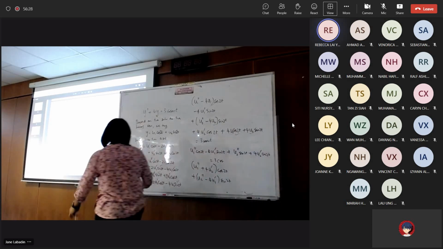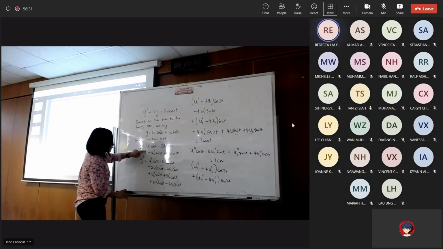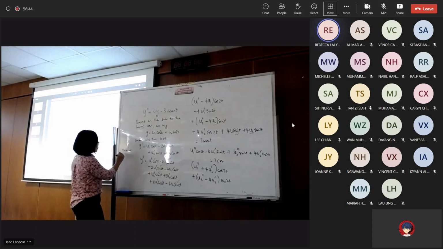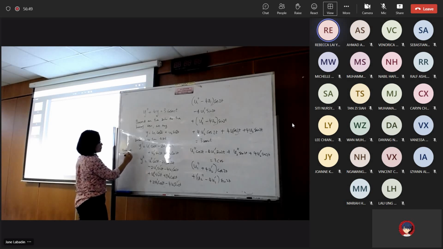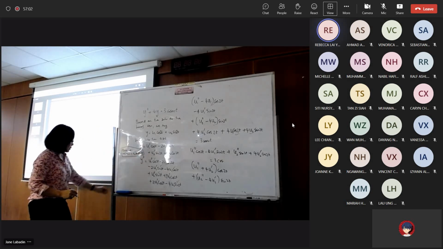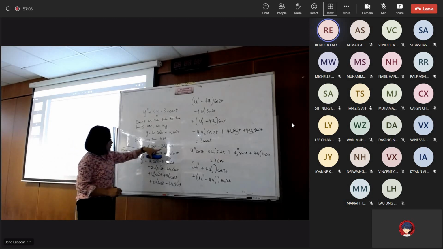So we reached here, and we are saying that we require this. We have to remember that. So u1 prime cos 2t plus u2 prime sin 2t equals 0. So which means this and this are gone. We are left only with this.